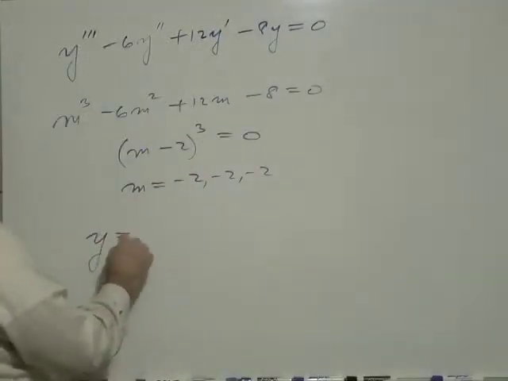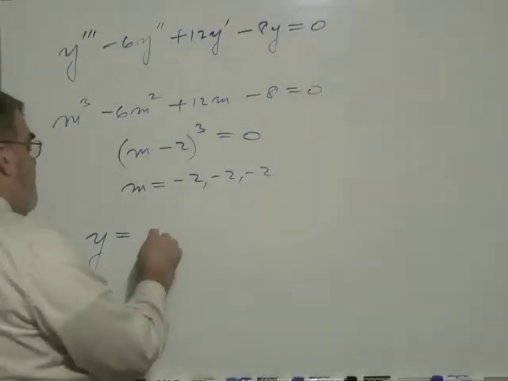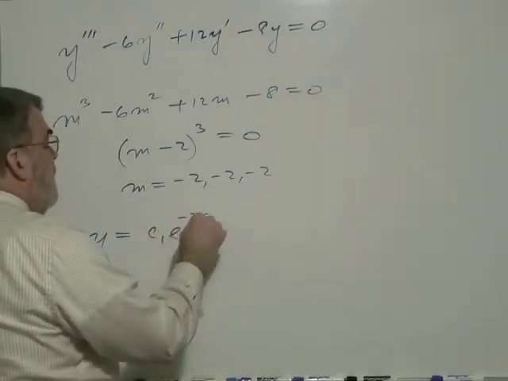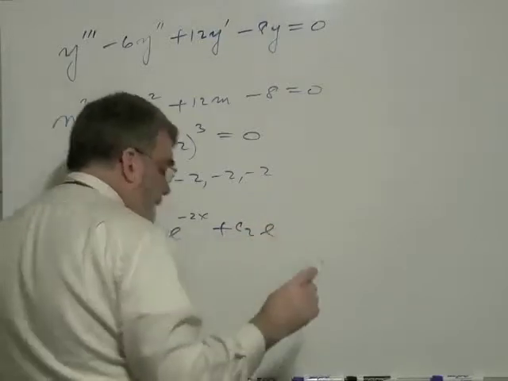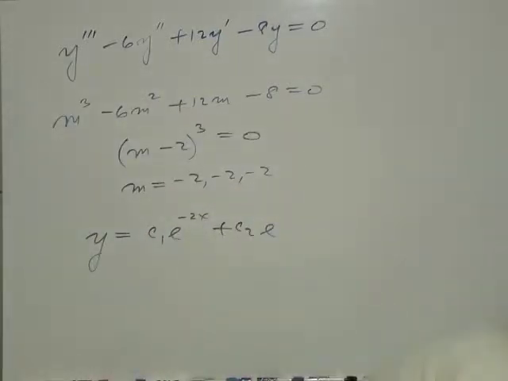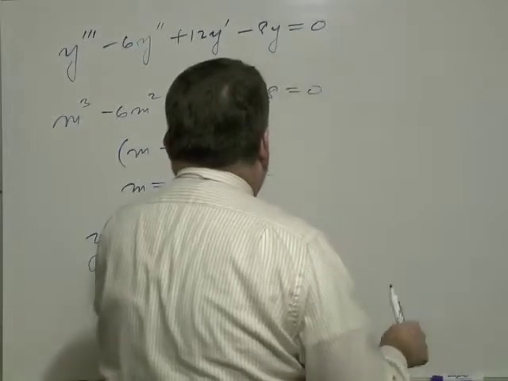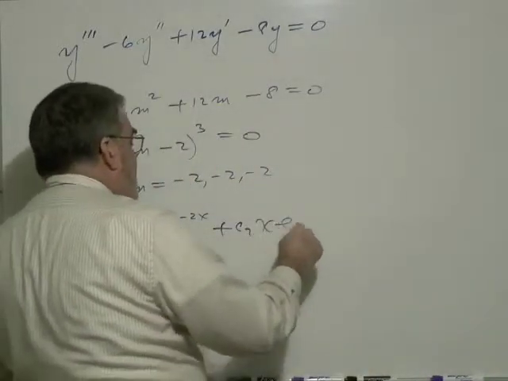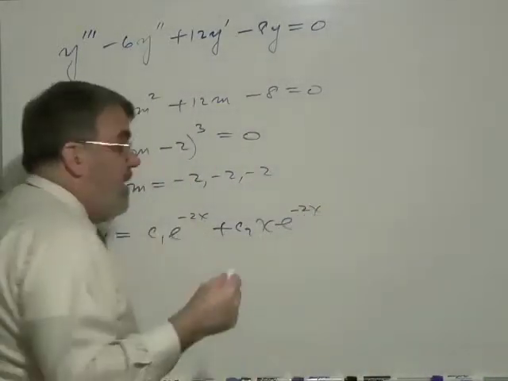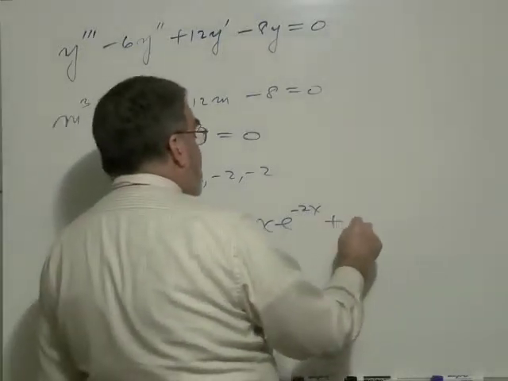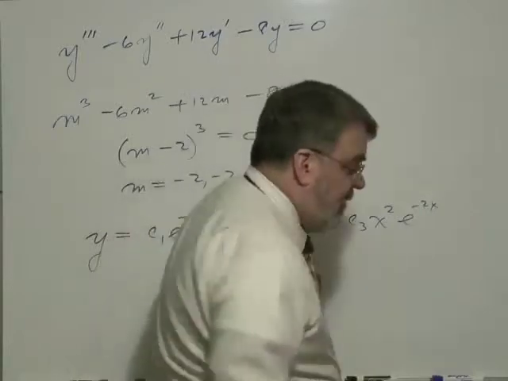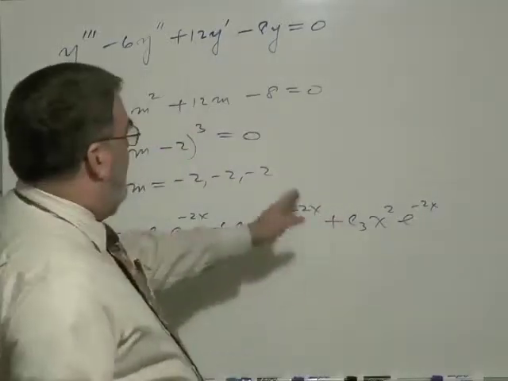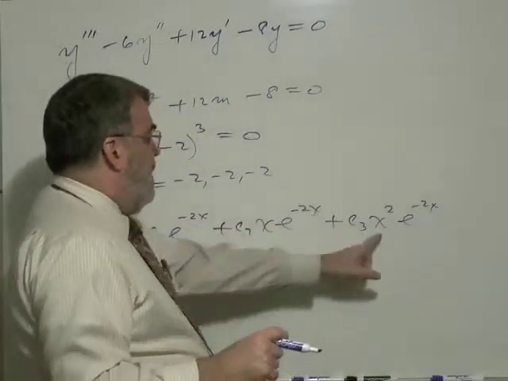Well, here's how it works. y would be c1 e to the minus 2x, and then plus c2 x e to negative 2x, and then our third term is going to be plus c3 x squared e to the minus 2x.